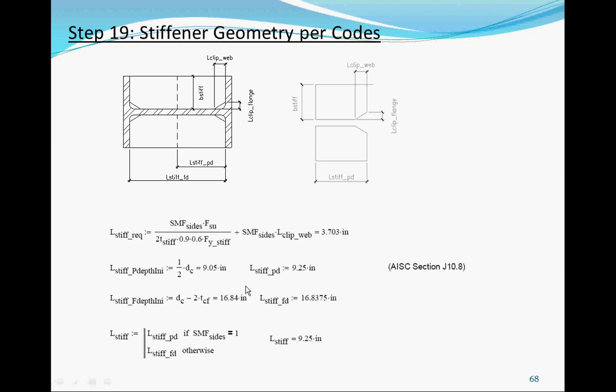Also, we want it to be no less than half the column depth. So this has to be greater than half the column depth. So for column depth 9.05 inches, half of that, the requirement is 3 point something.